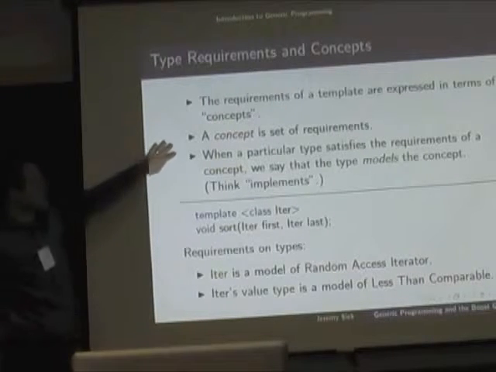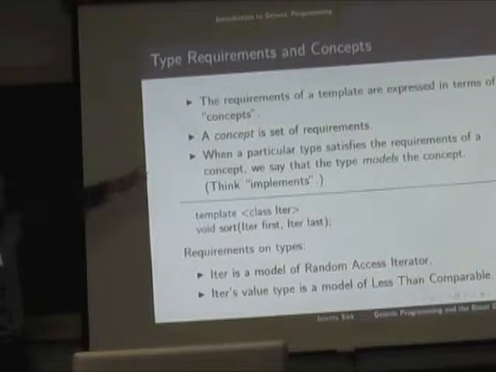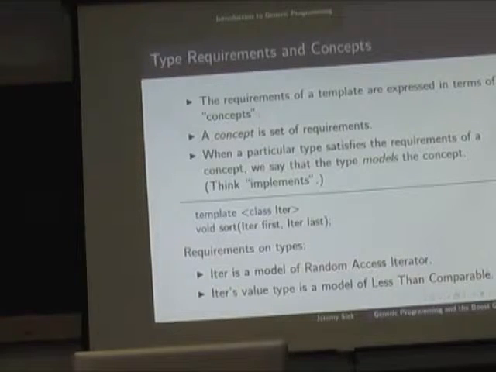So a concept expresses requirements, and when a particular type, let's say a vector, satisfies the requirements of a concept, we say that type models the concept. The term models is the traditional name we've used in our programming literature. Nowadays, you've probably heard the term concept map used quite a bit, because that's the keyword we came up with that didn't conflict with as much existing code.